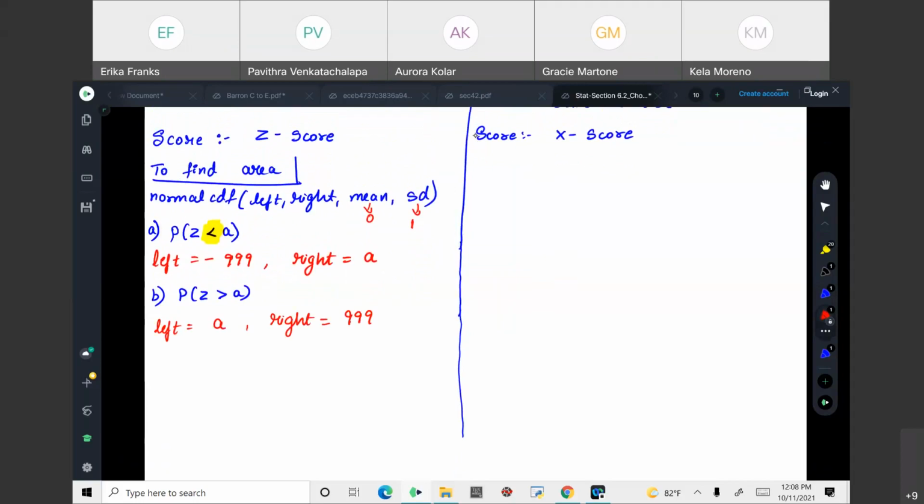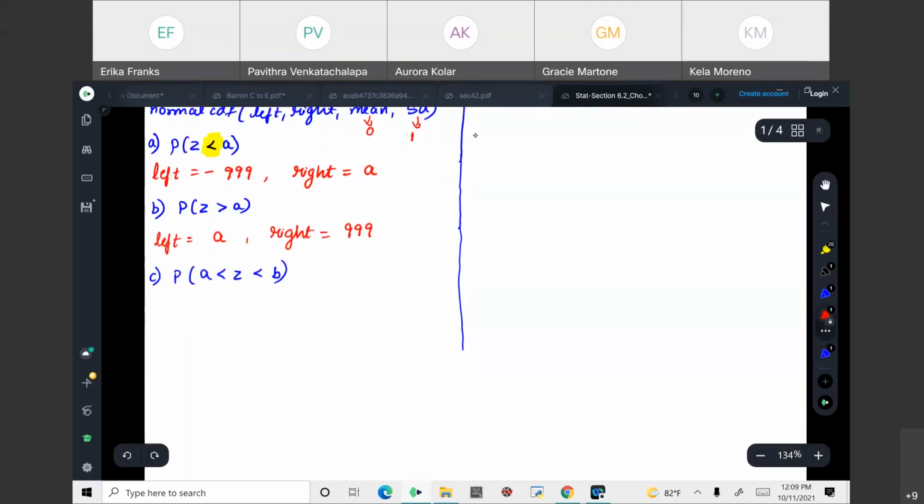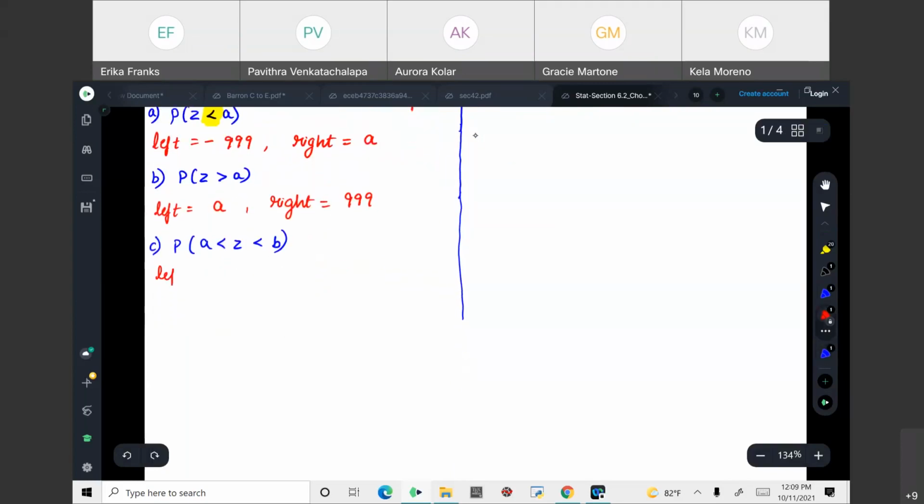That's like the highest number which we can take. Now, what happens if it is between two z-scores? If it is between, then your left score will be A, your right score will be B.